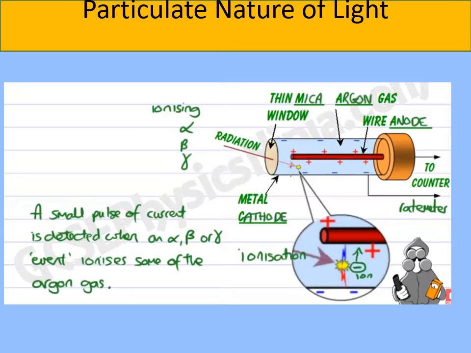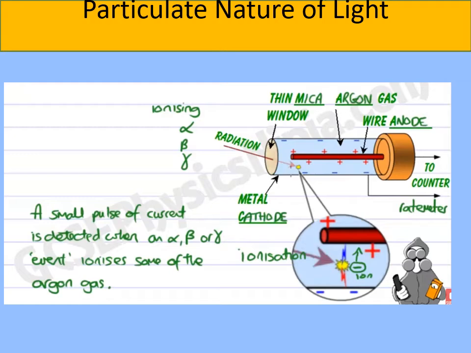So we might get an argon atom that is negatively charged if it's had an electron put onto it, or positively charged if it's had an electron removed from it, and then it's called an ion, of course. Let's say we create a negative argon ion due to this ionization event caused by the gamma radiation or beta radiation or alpha radiation.